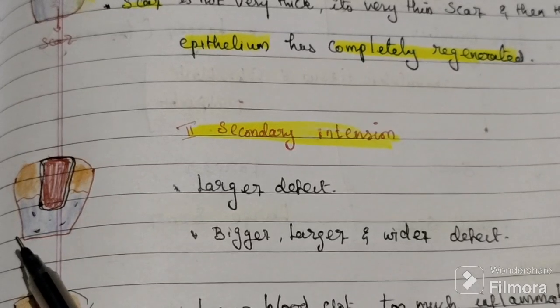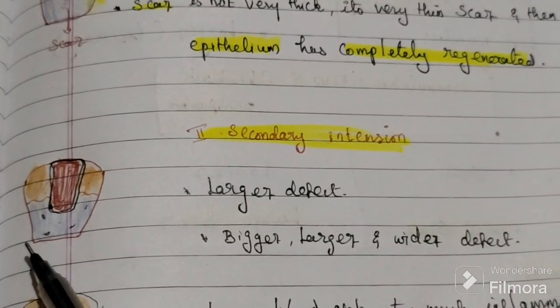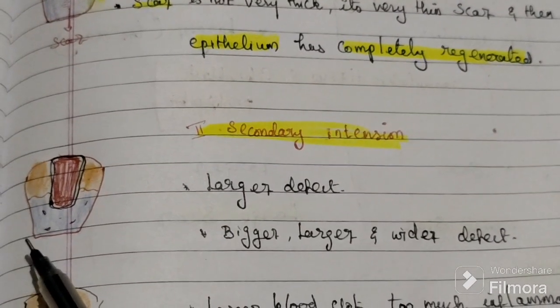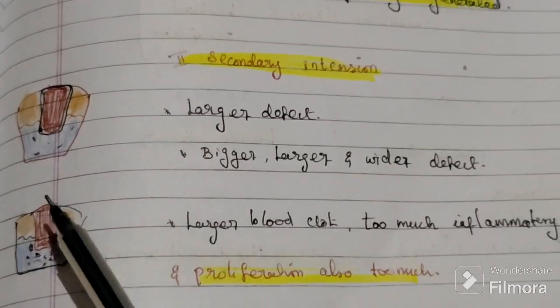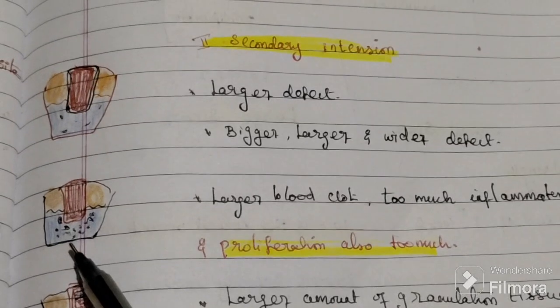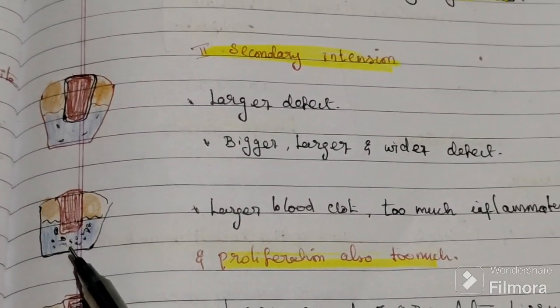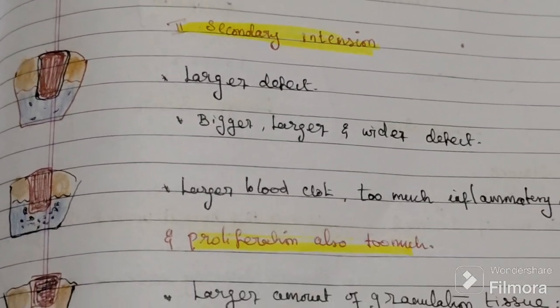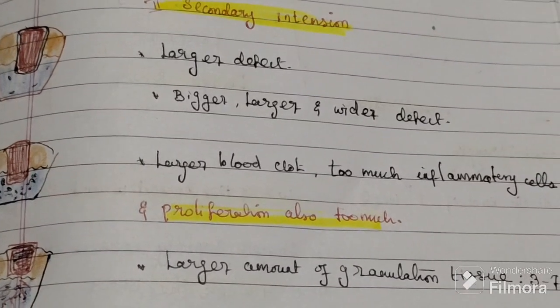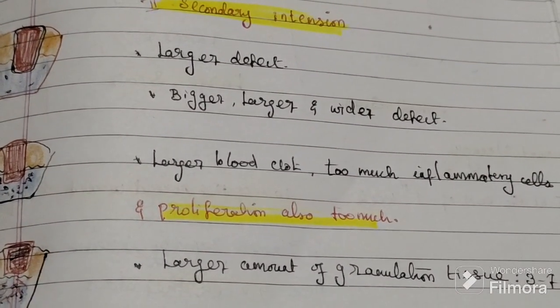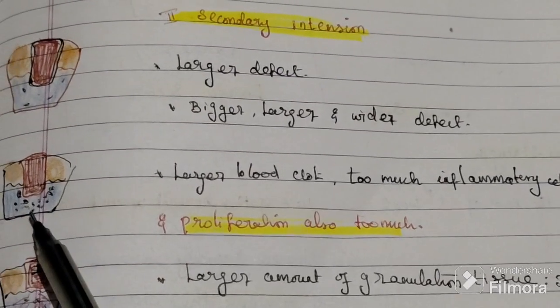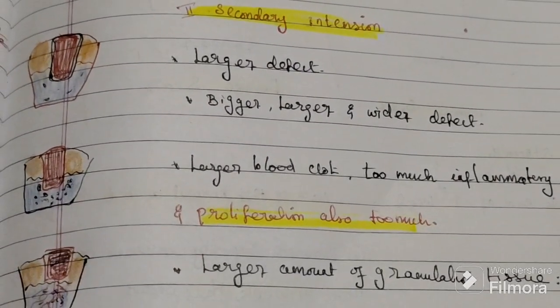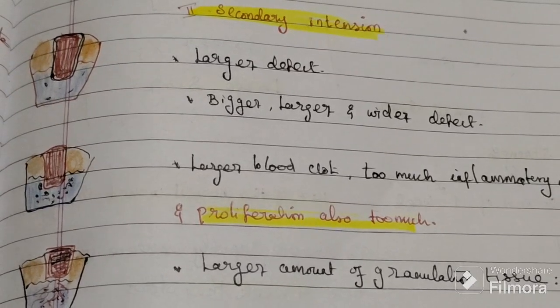Initially, as we saw earlier, there is hemostatic plug with fibrin, and again a lot of inflammatory cells accumulate. Even in the inflammatory phase there will be too many inflammatory cells, and then proliferation is also too much.